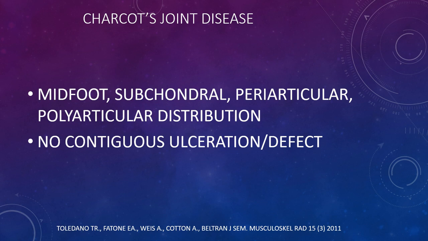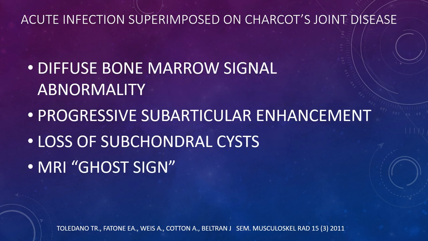Again, those familiar with patterns of Charcot's joint disease know that typically we see certain repeated patterns and repeated deformities. With classic Charcot's joint disease, hopefully we have no contiguous soft tissue defect or ulceration.